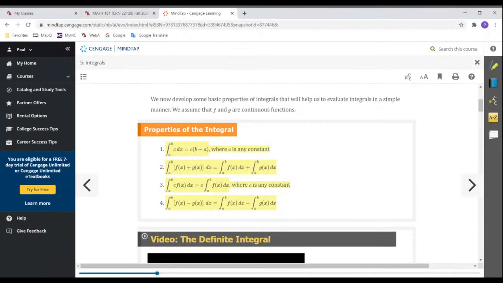So property 1 says if you have the definite integral from a to b of c dx, in other words, your function is f of x equals that constant c, that's just going to be equal to c times b minus a.